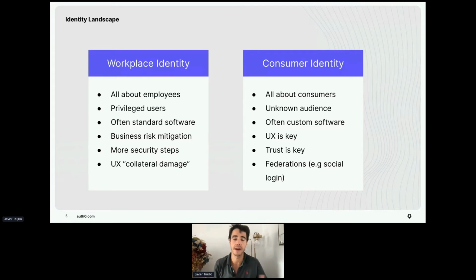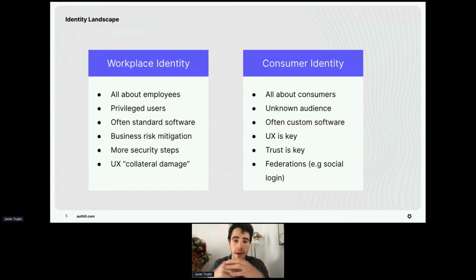Traditional identity access management is all about the employees, right? And it's all about providing the proper access on the least privilege principle. In this type of identity and access management, we see standard software being used, such as HR, accounting, CRM software. That would be the software that the employees need to access.